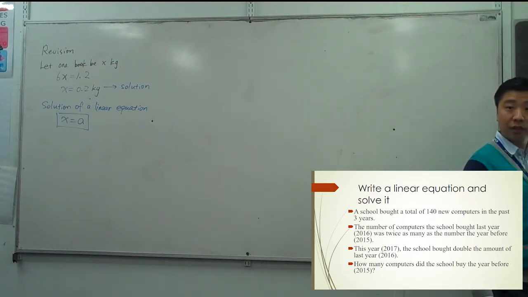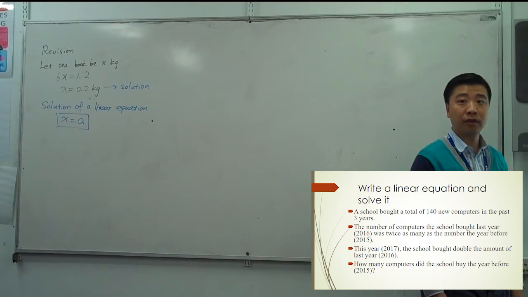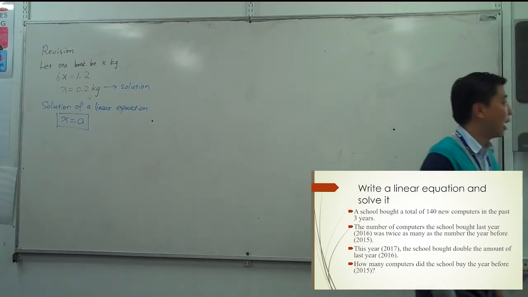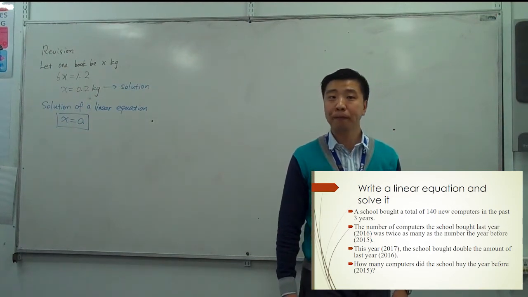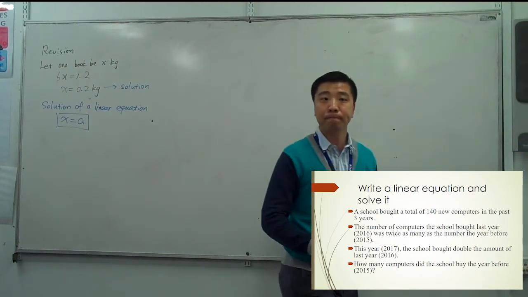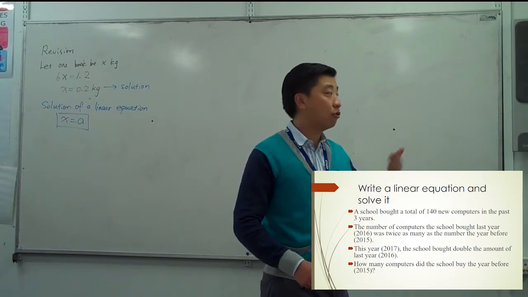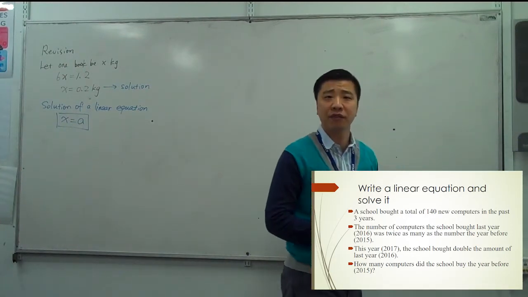This year, 2017, the school bought double the amount of last year. How many computers did the school buy the year before, which means in 2015? It looks very complex, but let's read it sentence by sentence and then you'll feel it's not very difficult.